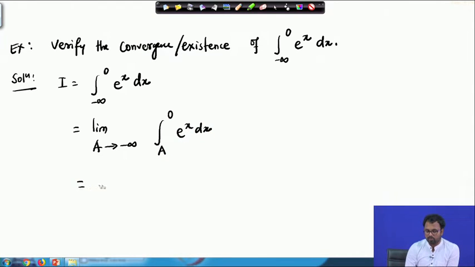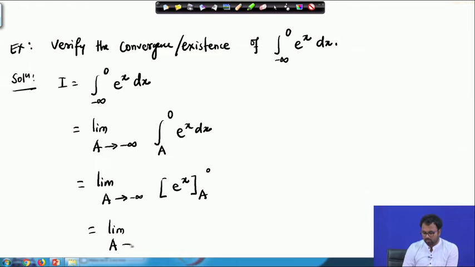Now, if you integrate e to the power x, then we will obtain e to the power x from a to 0. Now, this can be written as limit a goes to minus infinity, e to the power 0 is 1 and e to the power x at x equals a would be e to the power a.